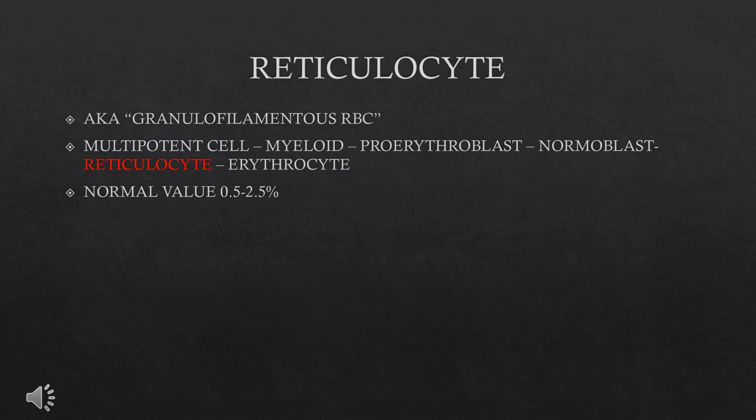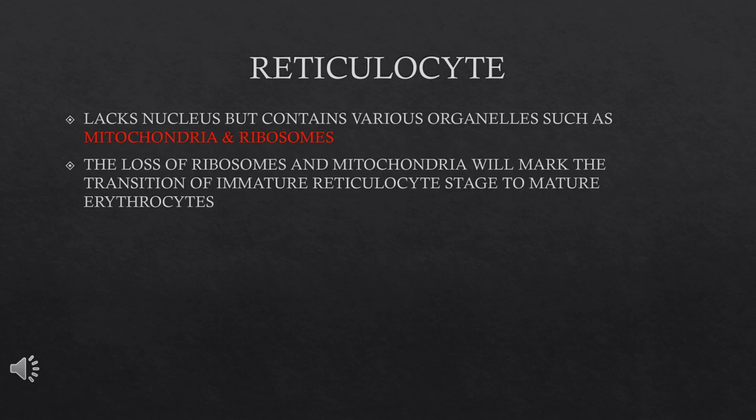So as the red blood cell develops, the nucleus becomes more and more condensed and is eventually lost during the maturation process. Okay, so again, it is an immature red blood cell. Your reticulocyte lacks a nucleus but contains various organelles such as your mitochondria and your ribosomes.